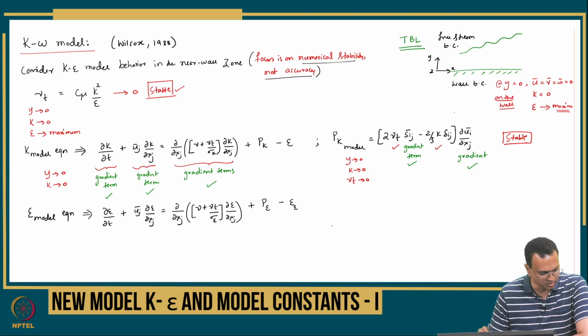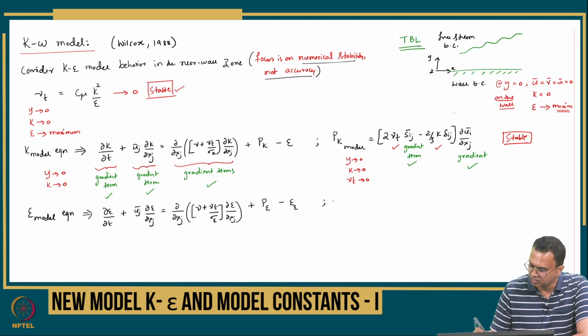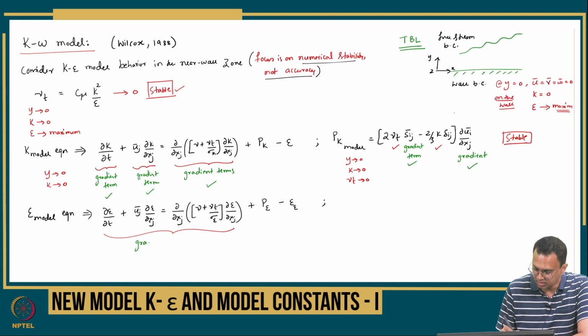So we know what the expression for this actually is. Here let's look at now, again same arguments. These are all gradient terms, this entire part, which are all fine. I will get no numerical stability issue from gradient terms.